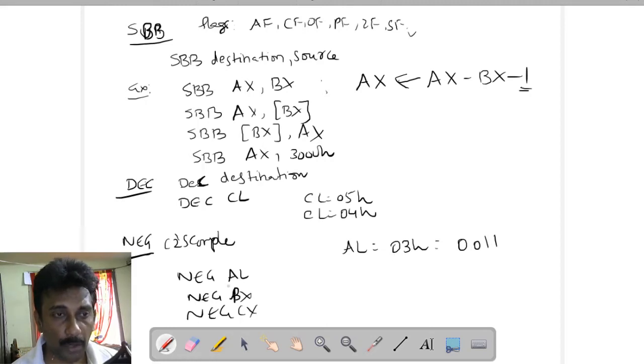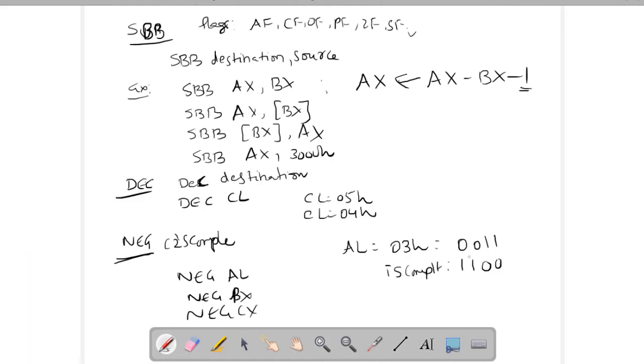Now when we use the negate instruction, this will be represented as a negative number in the form of 2's complement. To get the 2's complement, first we have to find the 1's complement, which is 1100. 1's complement means that zeros will be changed into 1's and 1's will be changed into zeros.